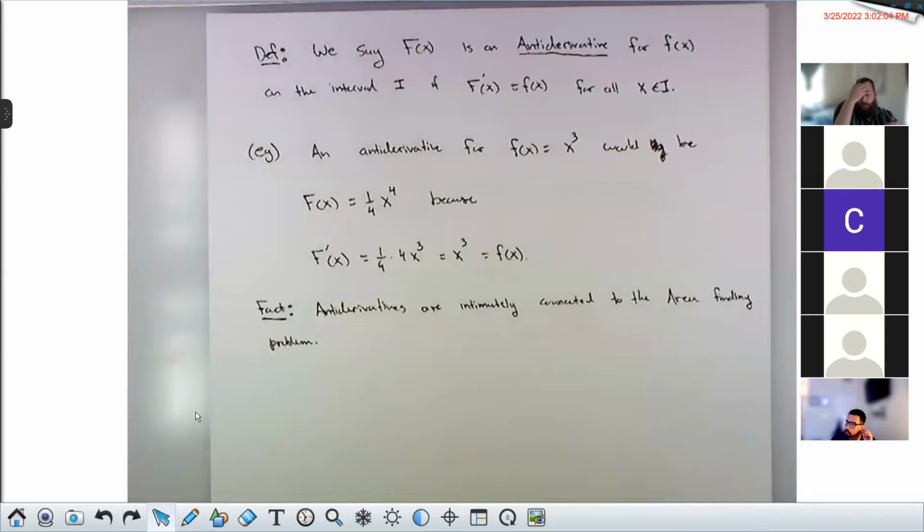And I'm certainly not going to prove this to you right now. The specific connection is the fundamental theorem of calculus, which is going to have to wait till like next Wednesday. But I want to give you an example that I think is reasonably convincing.